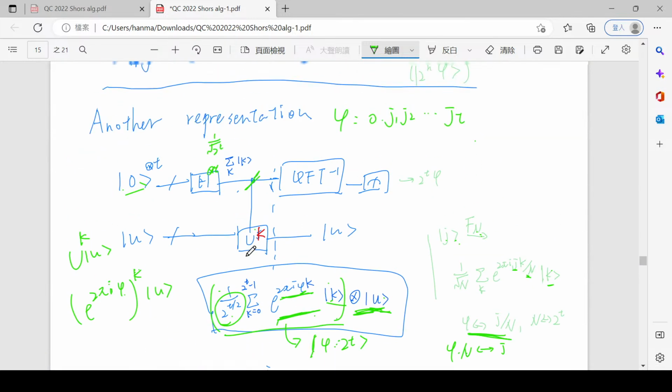But anyway, you can brute force calculation to see that when you apply this QFT inverse, it gives you this psi times 2 to the t, if psi is 0.j1 j2 ... jt. And well, then you know what t is, so you just divide by 2 to the t, then you will get psi.